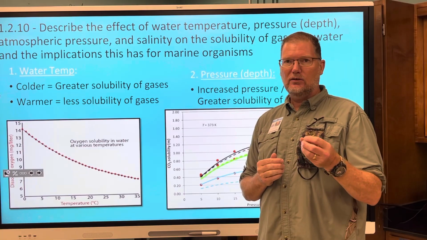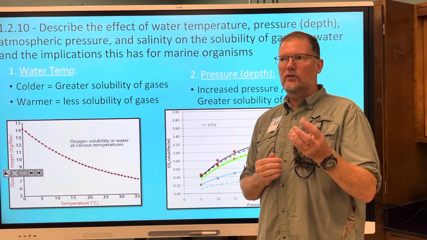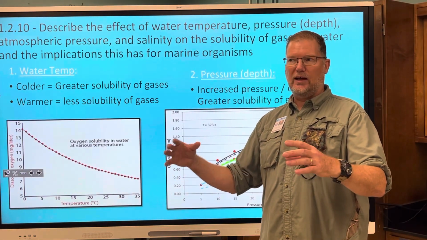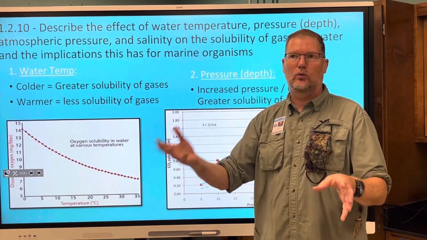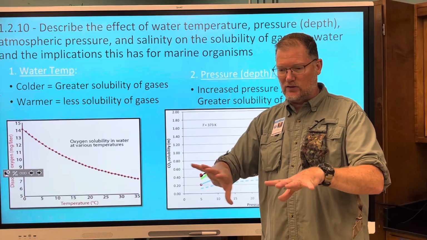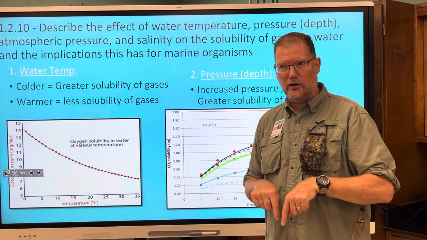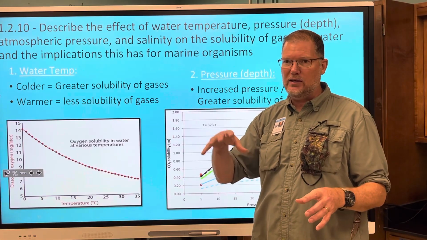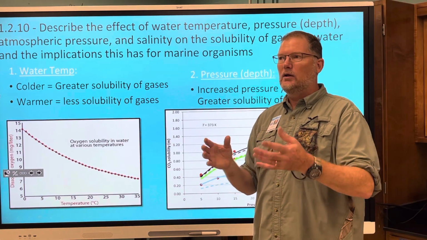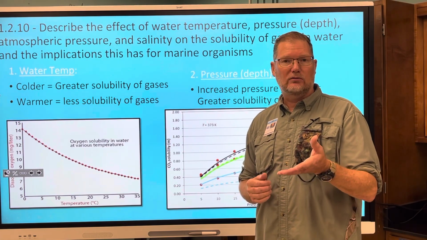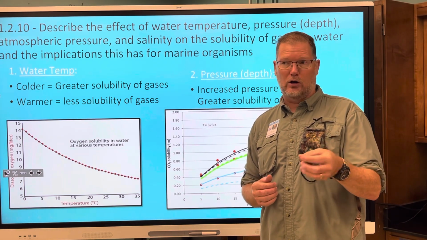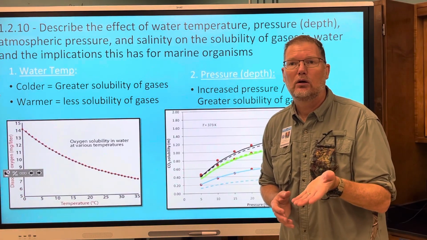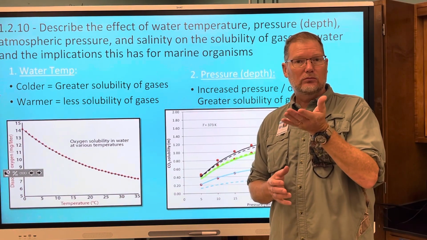When you heat water, the gases leave. So let's look at a marine example. If I had a tidal pool where the water at high tide was here, and then the tide went out and it left a pool of water and some rocks, and the organisms that were living in there, as the sun throughout the day beat down on that tidal pool, the temperature of the water would rise, not very quickly because of the high specific heat of water, but it would rise, and the oxygen would start to leave.